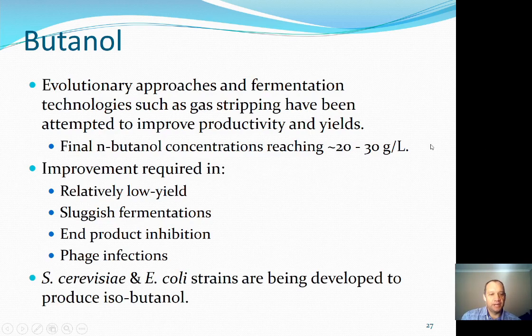Alternatively, Saccharomyces cerevisiae and the bacterium Escherichia coli are also being engineered in order to produce isobutanol, which is comparable to N-butanol in terms of a lot of these positive qualities. But again, the production levels in those heterologous systems are not yet where they should be for industrial feasibility.